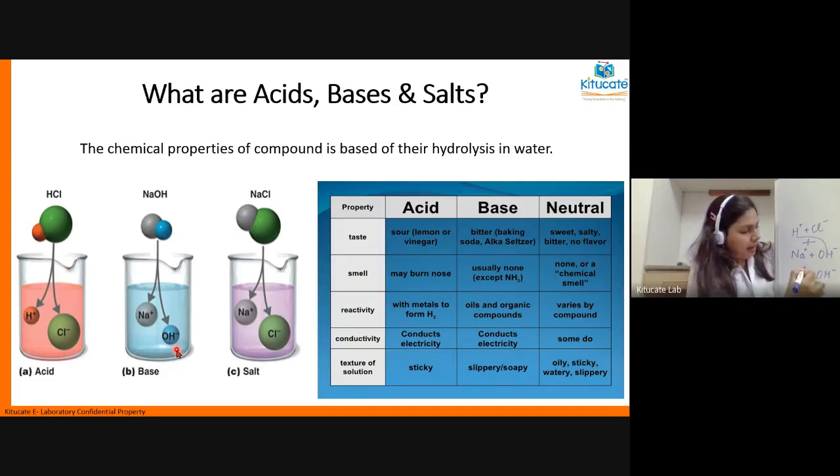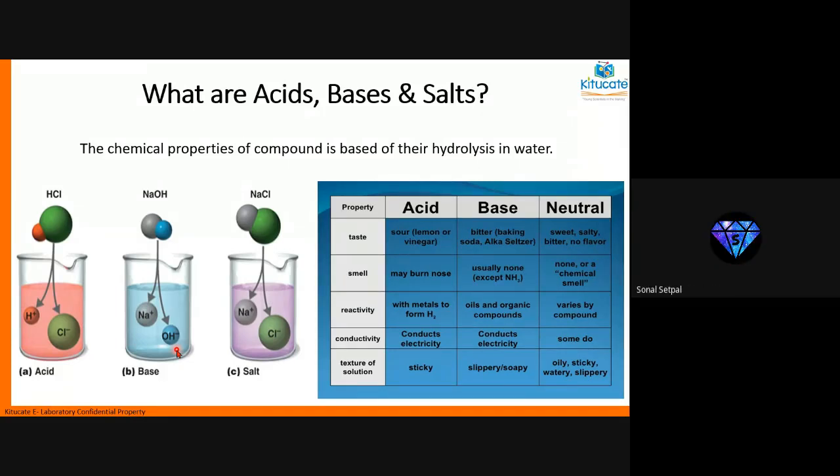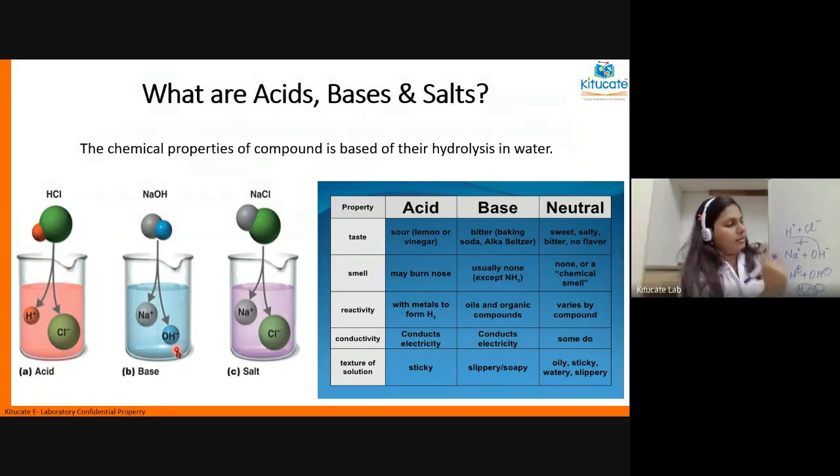Because I'm adding one positive, one negative, whatever is formed is neutral, so it doesn't have any sign. Then I have one H here, one H here, so it becomes H2 and I have one O. So I get water. Is this clear? Yes, ma'am. So when an acid and a base are mixed, one thing that we get is water.